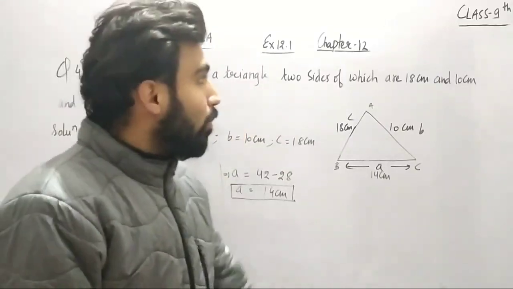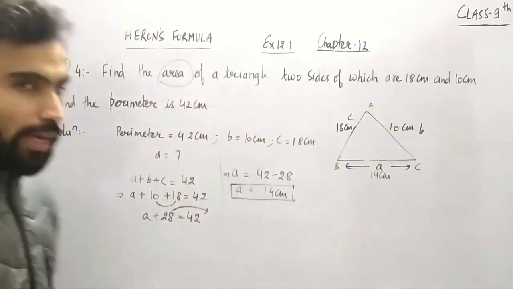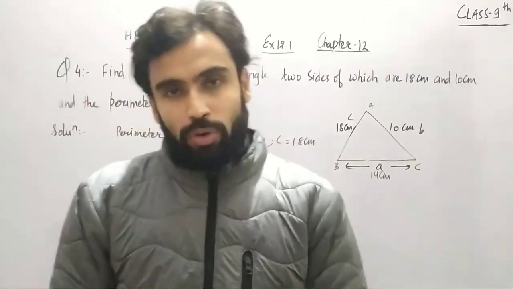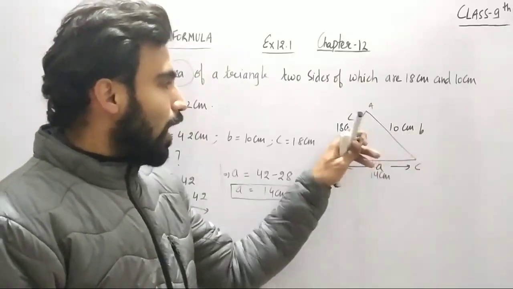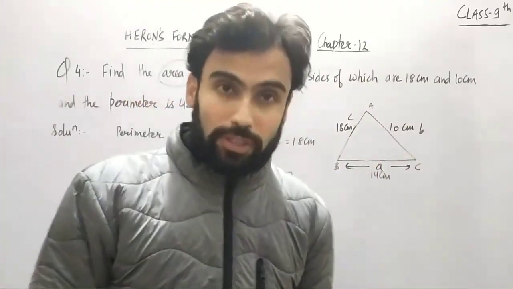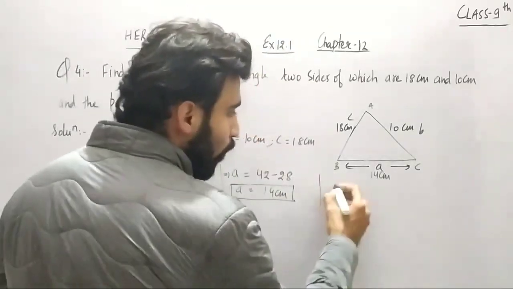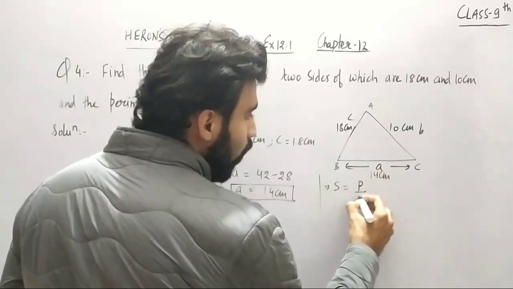Now let me just read the question again. You can see we have to find out the area of this triangle, right? So we know Heron's formula. So here we know the three sides and also the perimeter. So we can calculate the semi-perimeter first here, right? So if we have to find out S here, you can see S is simply half of the perimeter.